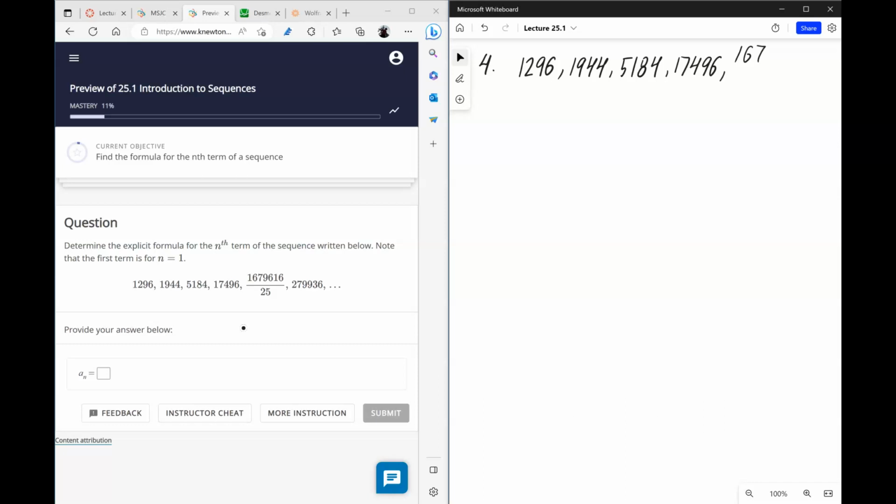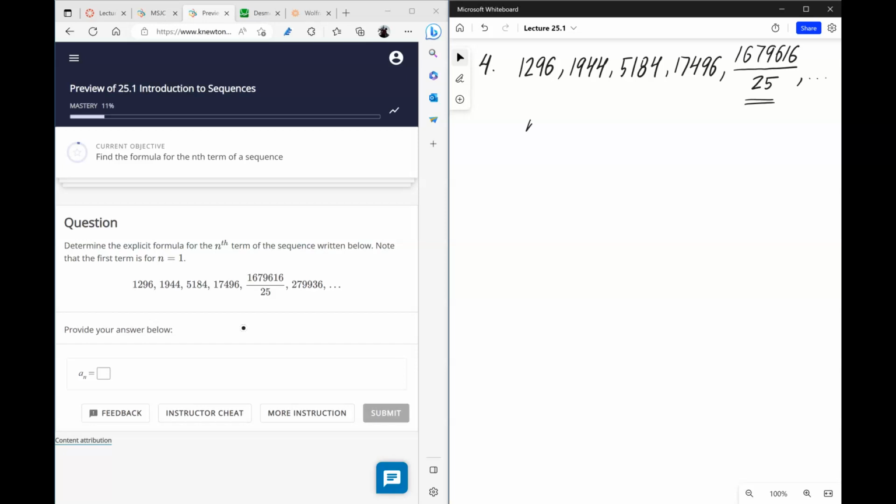But among these large numbers, we do see a hint. The hint is we divide something by 25.